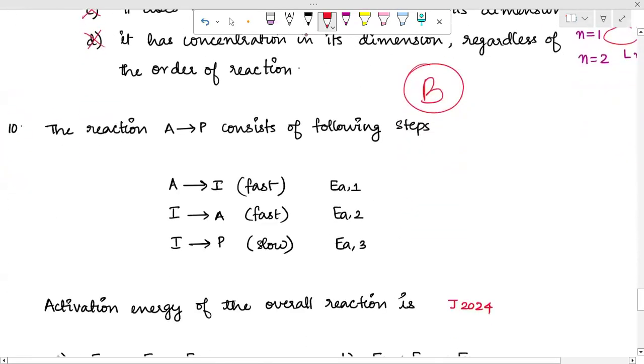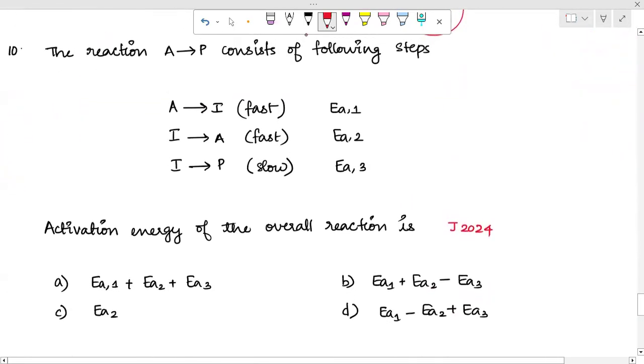Last question. Again asked in June 2024, the same paper. The reaction A giving P consists of the following steps. Three steps are given, out of which the third step is slow. The activation energy of the overall reaction is, very easy.